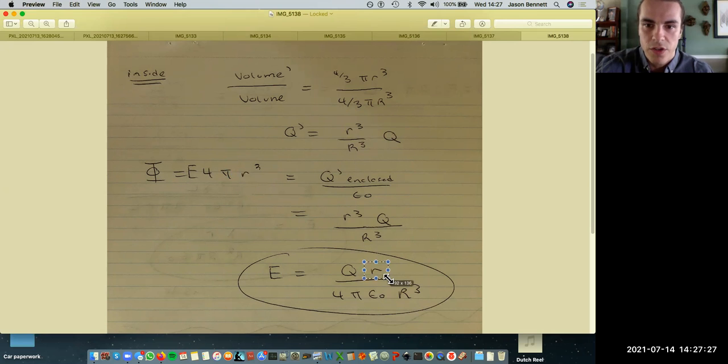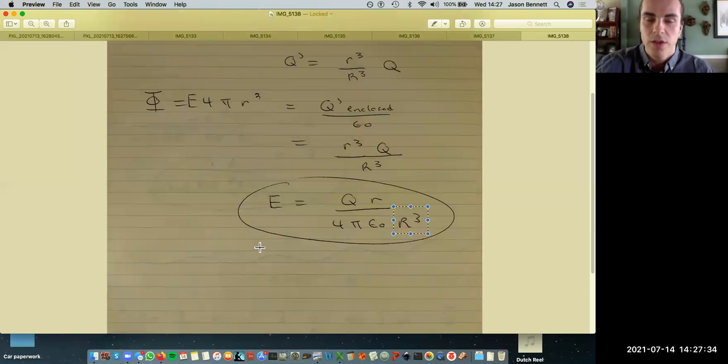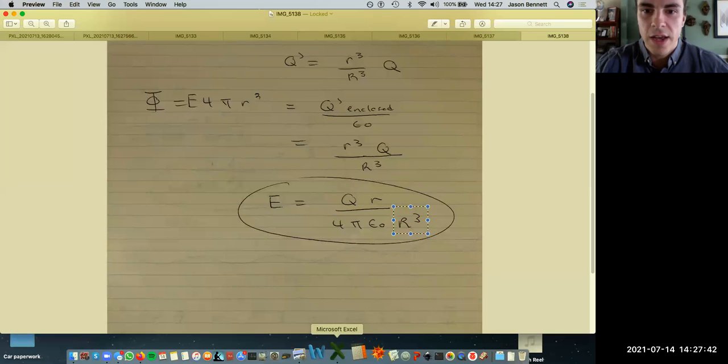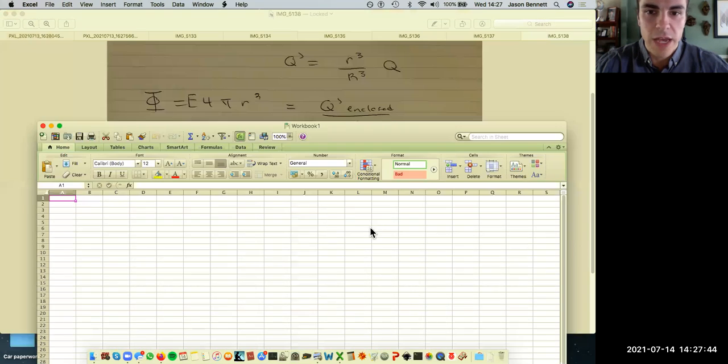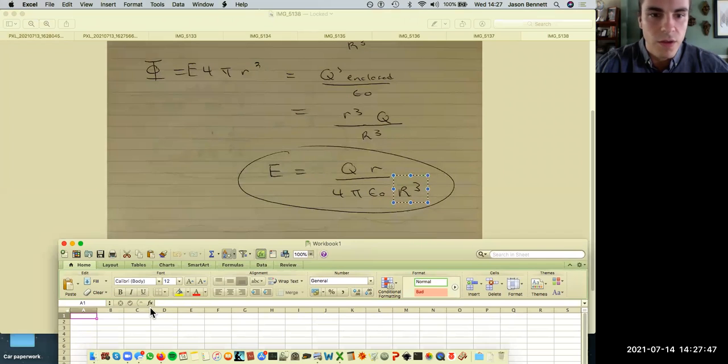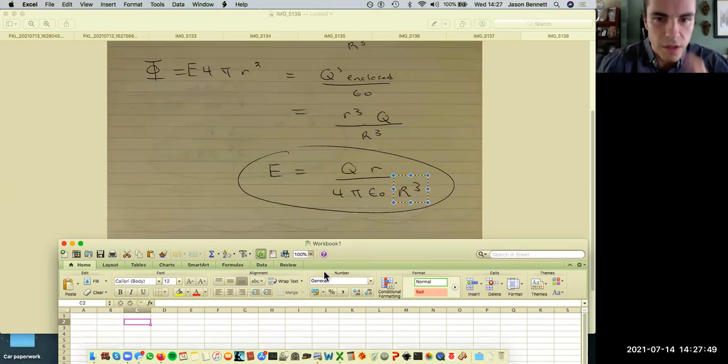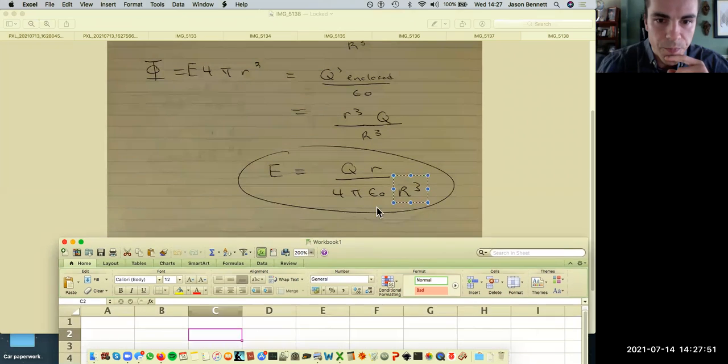So I end up with just a regular r, and the big R stays cubed. So this is inside. This was pretty much problem one, but for another circumstance. Now I have to start typing it into Excel because we actually have numbers. Okay, let's increase this.